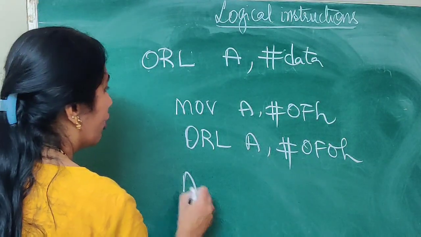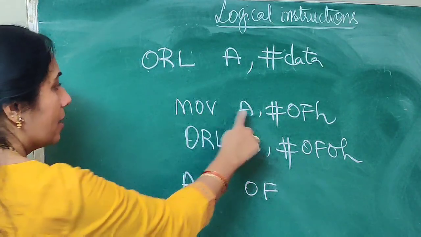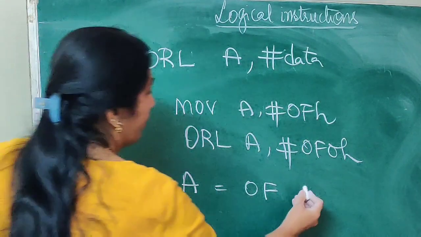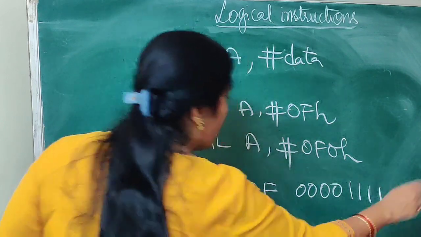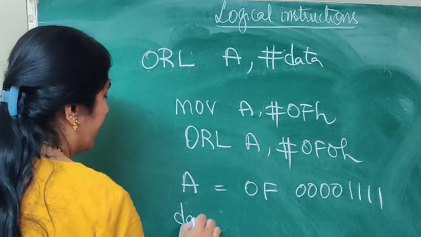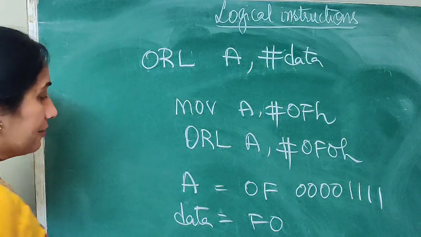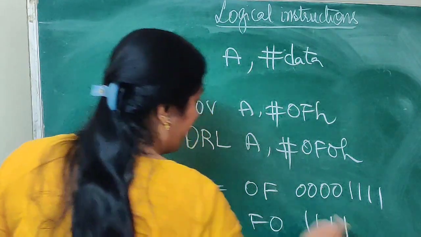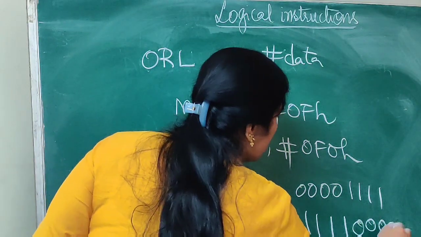What is there in the accumulator? The accumulator is having 0F, because I have loaded 0F. It is 0, 0, 0, 0, and F is 1, 1, 1, 1. Now the immediate data specified in the instruction, what is it? It is F0. So it is 1, 1, 1, 1, the equivalent of F, and 0 is 0, 0, 0, 0.